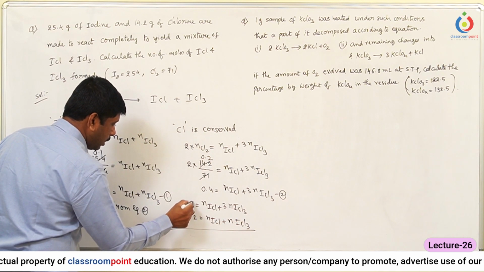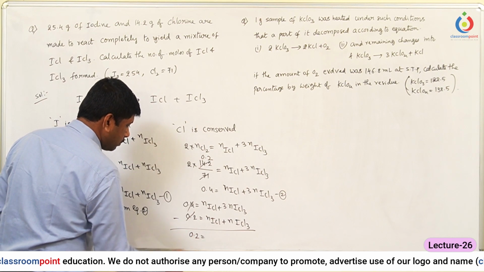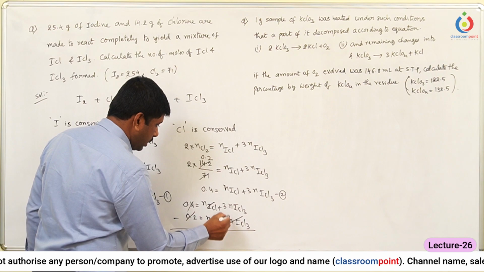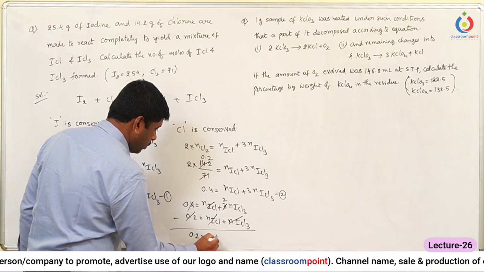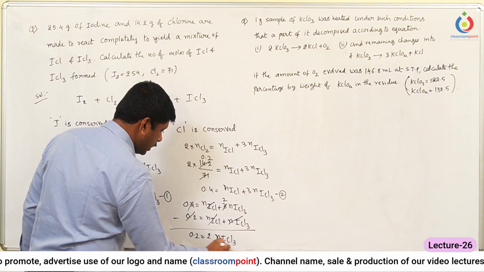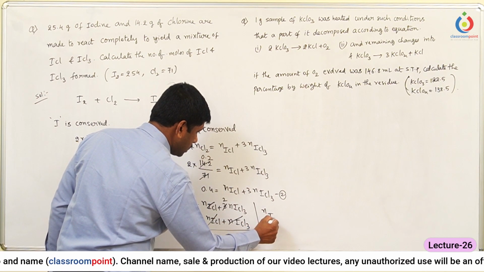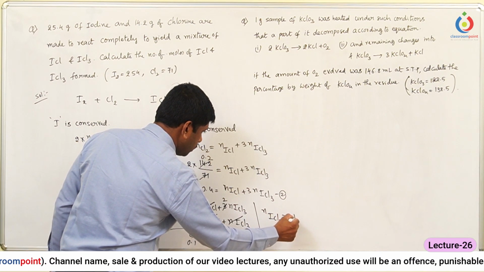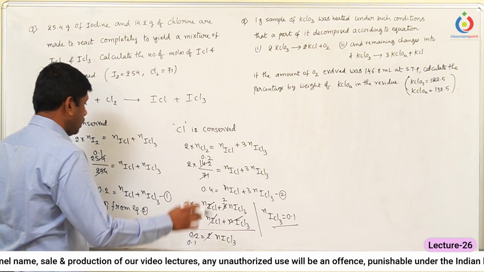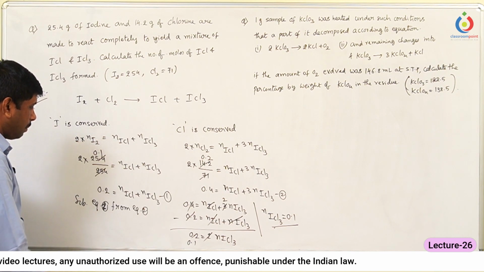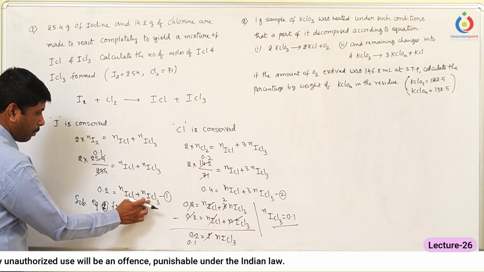So here it will be 0.2, ICl cancels out, so it becomes 2 into number of moles of ICl3. So it goes 0.1 time. So number of moles of ICl3 is equal to 0.1. This 0.1 is substituted here or there.